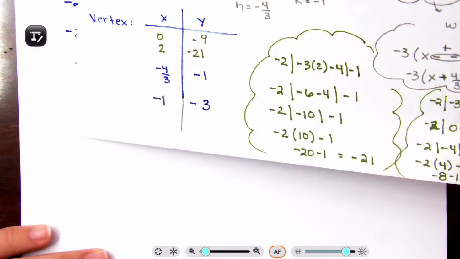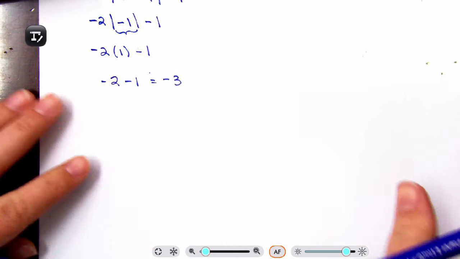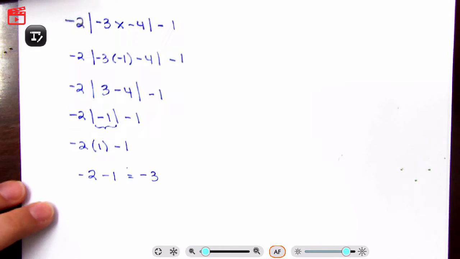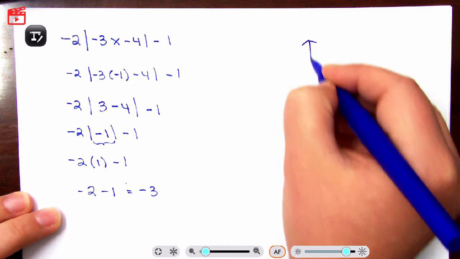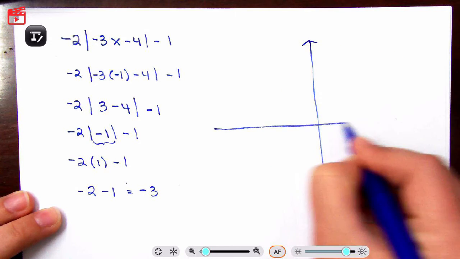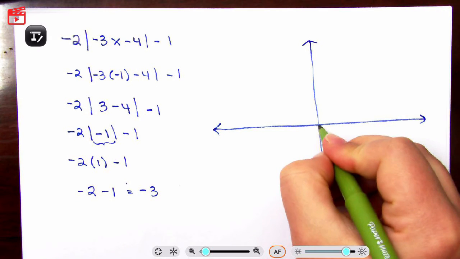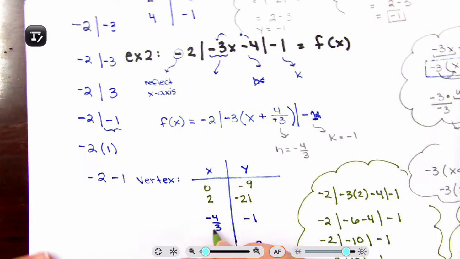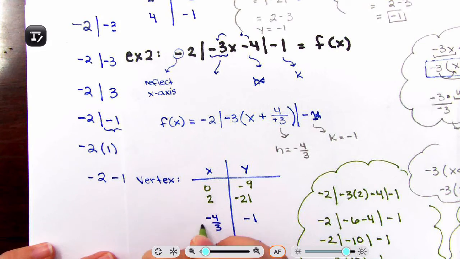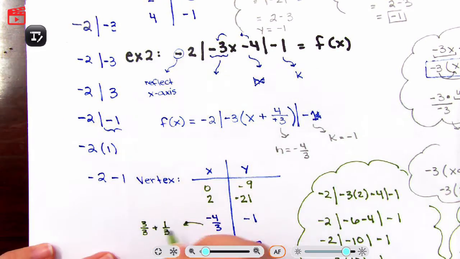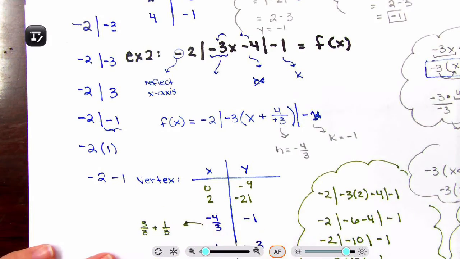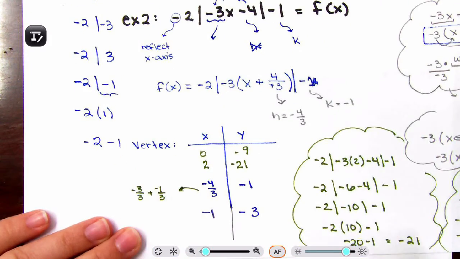Now the only thing left for us is to graph. Let's go ahead and sketch this out. I do have some space here. Alrighty, so we have our vertex at 4/3. Now 4/3 is saying I have 3 over 3 and I have 1 over 3. So that's basically saying I have 1 and 1/3, but on the negative side.